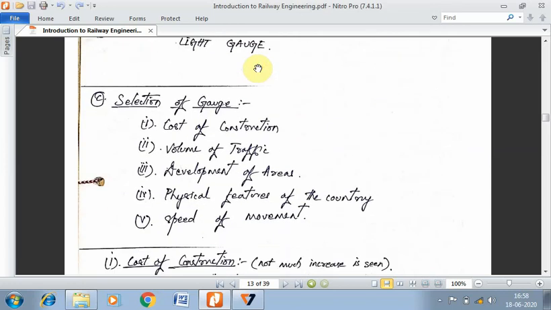It depends on certain factors. There are 5 broad factors which are listed. One is cost of construction, second is volume of traffic, third is development of areas, fourth is physical features of the country or region, and the fifth is the speed of movement.